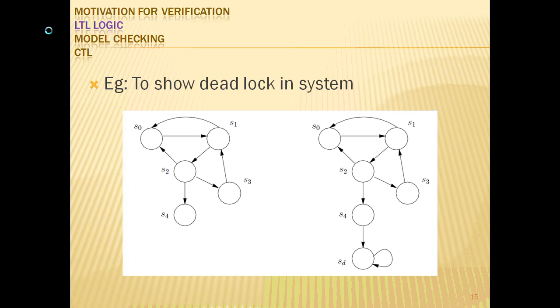Now this figure shows a transition system which has a deadlock at state S4 since it has no outgoing edge. So the system at state S4 is in a deadlock state. In this case we add another state S_d where we show the transition from state S4 to S_d along with a self transition from S_d to S_d to represent the deadlock in the system.